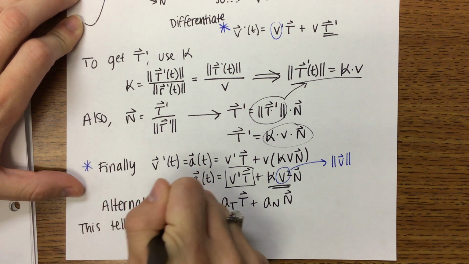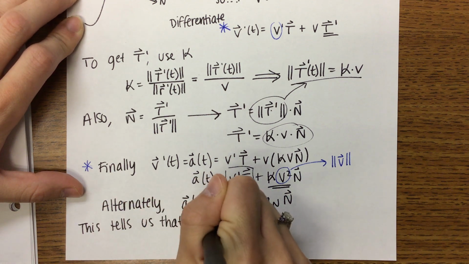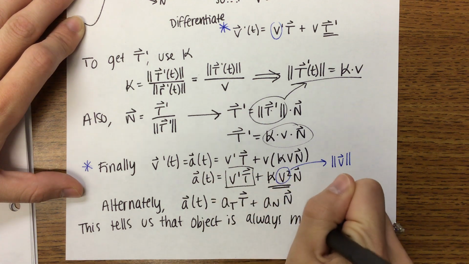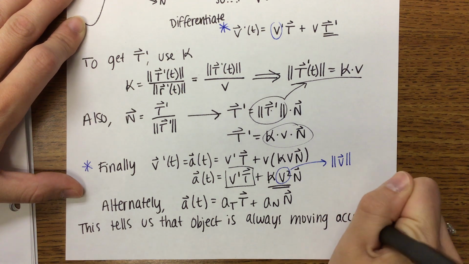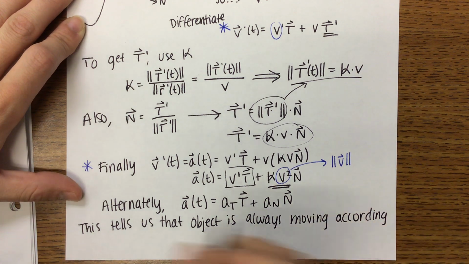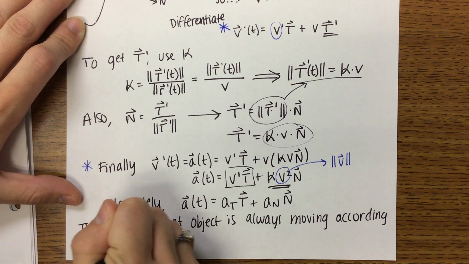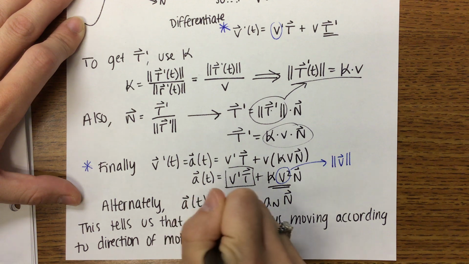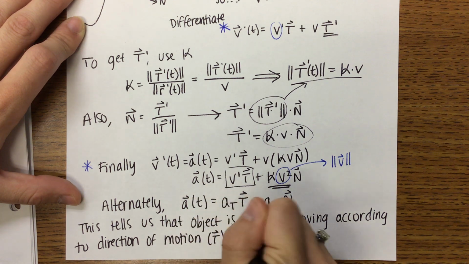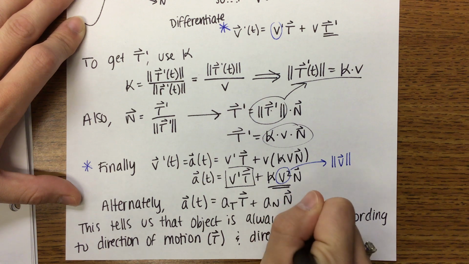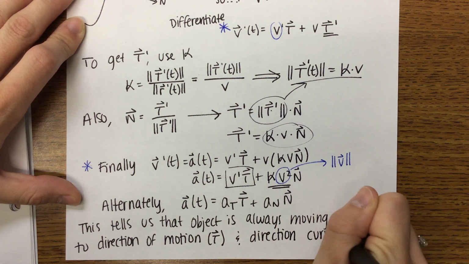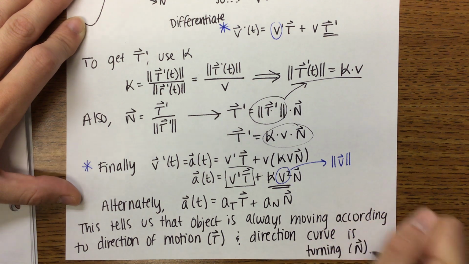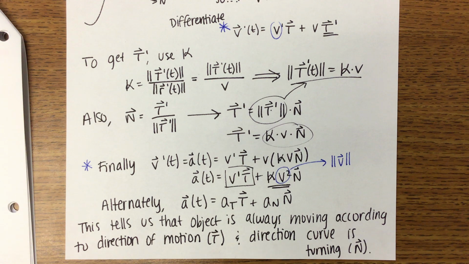This tells us that the object is always moving according to the direction of motion, which is that unit tangent vector, and the direction that the curve is turning, which is given by that unit normal vector. So this should make sense.